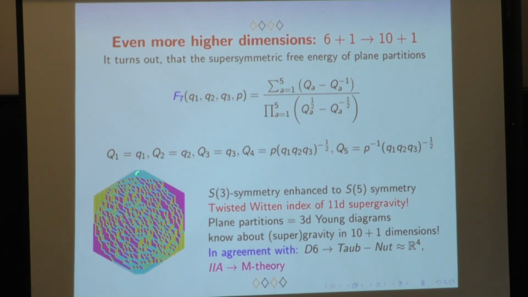So the remarkable thing is that that partition function actually coincides with the Witten index of 11-dimensional supergravity. So these 5 parameters which you cook up out of 3 rotation angles and the fugacity, the 5 parameters whose product is equal to 1, so they're not independent, happen to be the rotation angles of a rotation of a 10-dimensional space in the background of 11-dimensional supergravity, where you fiber the 10-dimensional space over a circle with a twist.